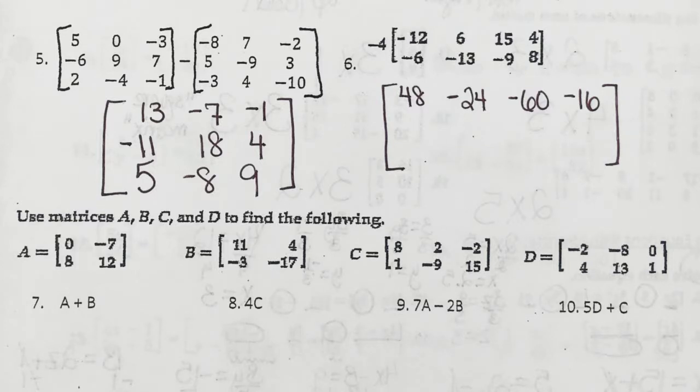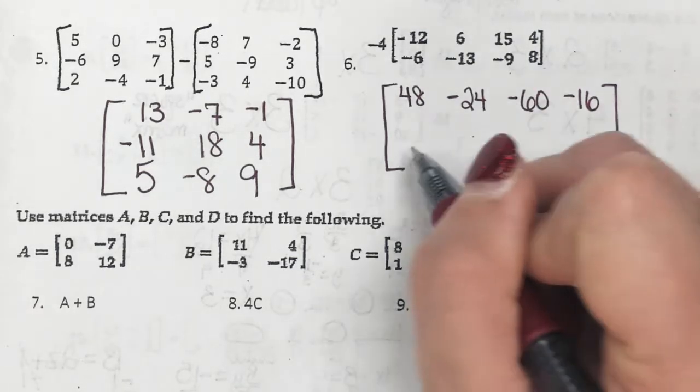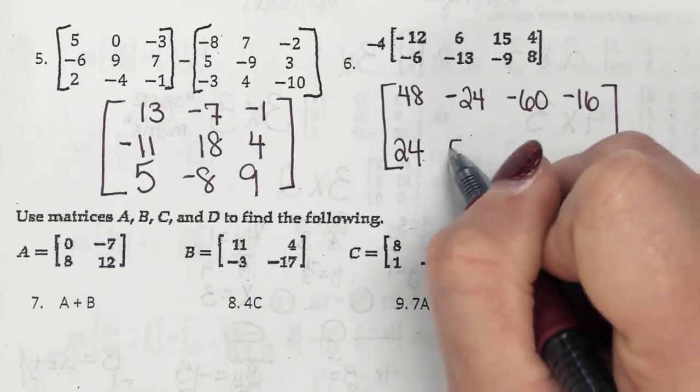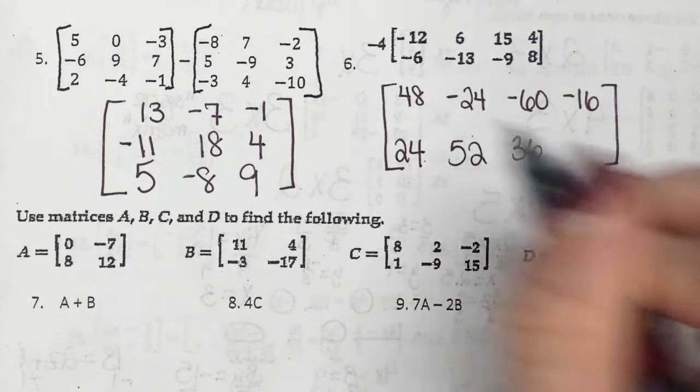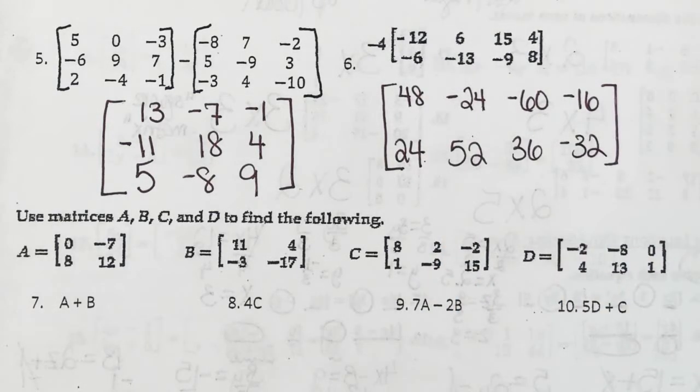All right, what y'all getting for that bottom row, guys? 24 and then what? 52? Yeah, that's right. Positive 36, yeah? Negative 32. Perfect. Y'all okay?